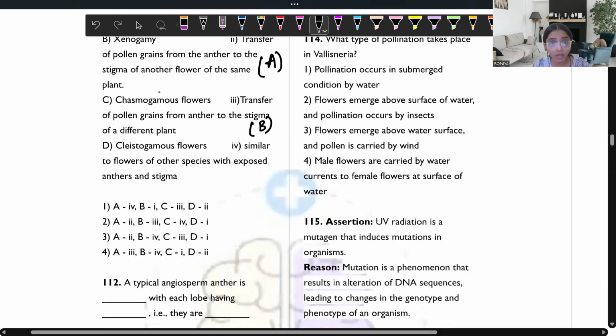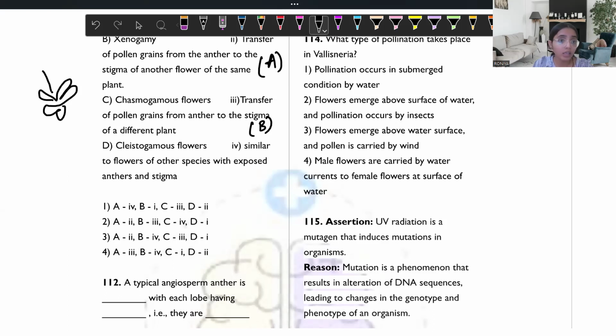Chasmogamous flowers are open flowers. Means chasmogamous flowers have exposed stigma and exposed anther. Okay. So anther and stigma of the chasmogamous flowers are exposed because the flower has opened.